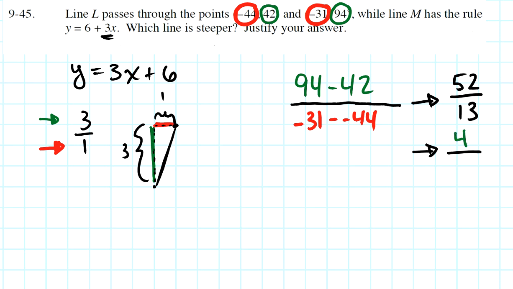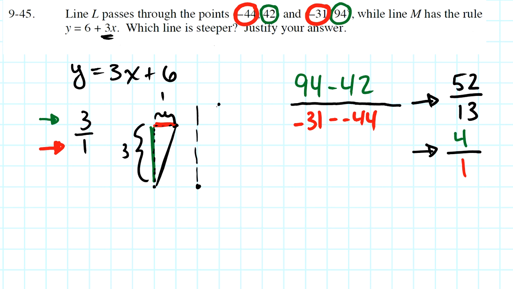For every 4 units I go up, my denominator will be 1 unit. So let's visualize that next to the other one that I have. Again, I'm going to start down here at this point, and I'm going to move a total of 1, 2, 3, 4 units up, and then I'm going to move 1 unit to the right.